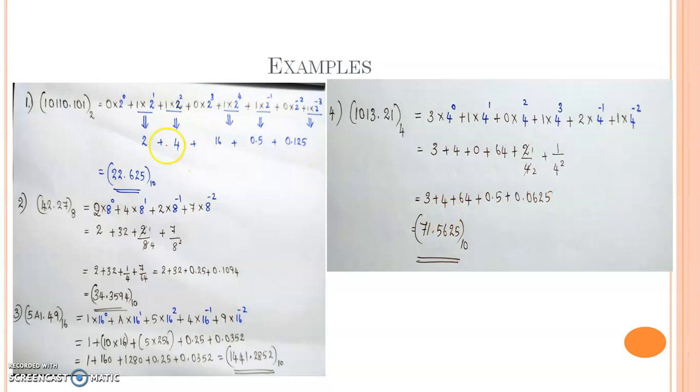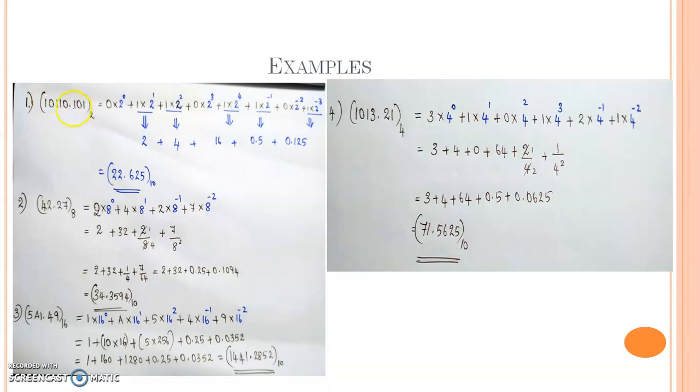So the first one is a binary number, 10110.101. You know that the bit positions have weights in the powers of 2. So this is 2 raised to 0, 1, 2, 3 and 4.